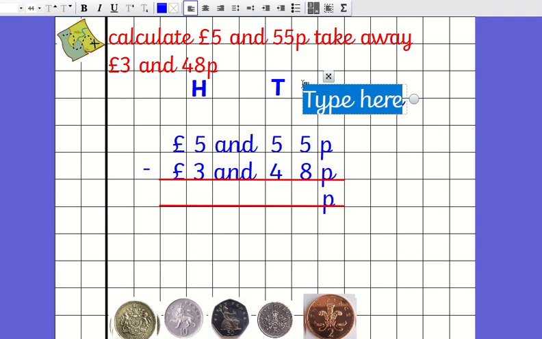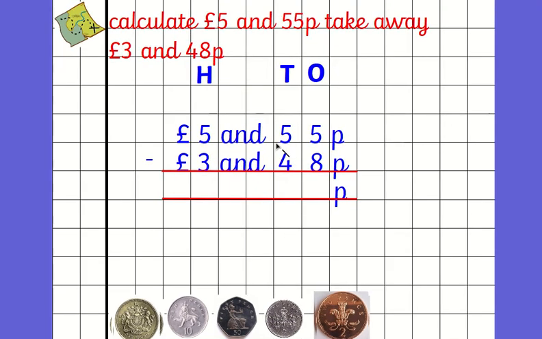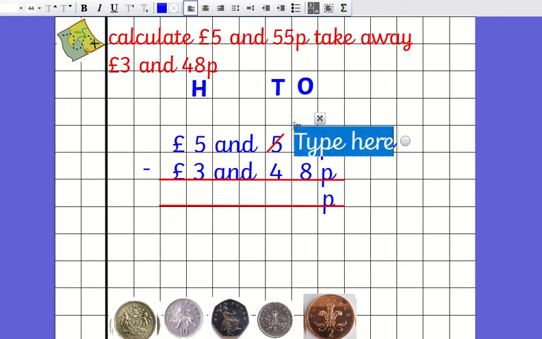So if you do that in your work, that is absolutely fine, because we know it helps you. So I'm going to take away, cross out that 5, which is actually 50, so I'm taking 10, and I am going to take that 10 away, and I'm going to pop it there with that 5, which means my 50 becomes 40.